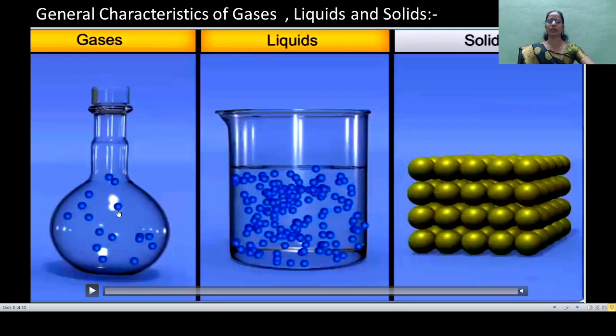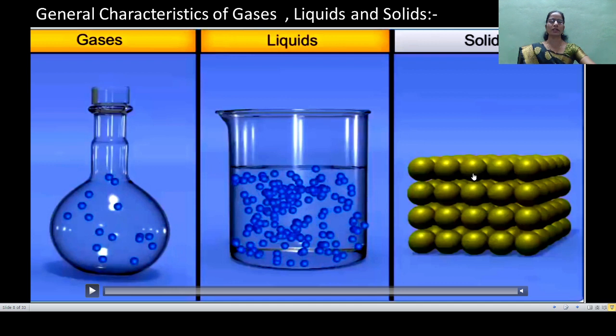Now observe the interparticle distance in all these three states. In the gaseous state you will observe that the interparticle distance is very large. In liquids, the interparticle distance is comparatively smaller than in gases, but larger than in solids. That is, there is a moderate interparticle distance in liquids, while in solids the interparticle distance is very small.